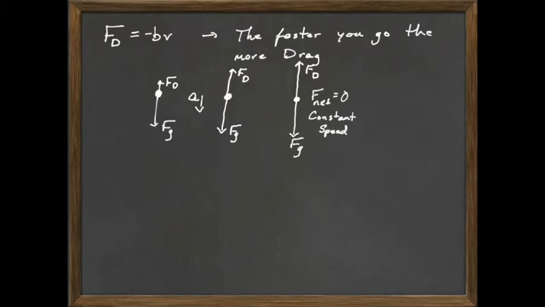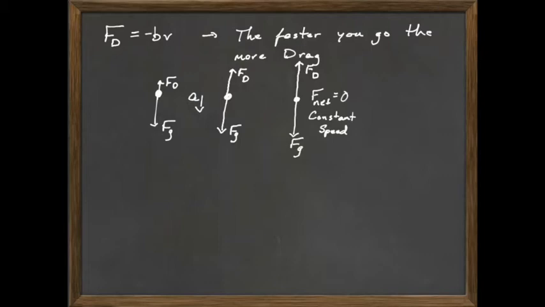Now it's important to understand that the drag force will never go greater than gravity in terms of how we solve the problems. Now, if you had someone jumping out of an airplane, this would happen. The drag force would increase and increase. And then if they were to open a parachute, in that instant, the drag force becomes a lot greater than gravity, which is why the person moves up a little bit because they slow down drastically. They're still falling, but if you were falling next to them, they would appear to move upwards because their drag force got a lot bigger instantaneously.